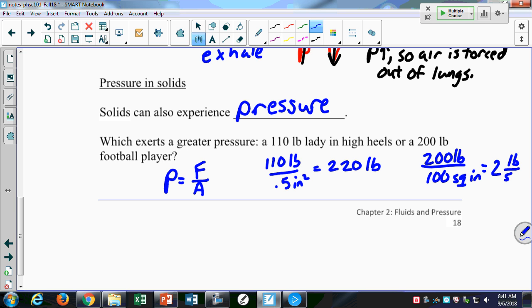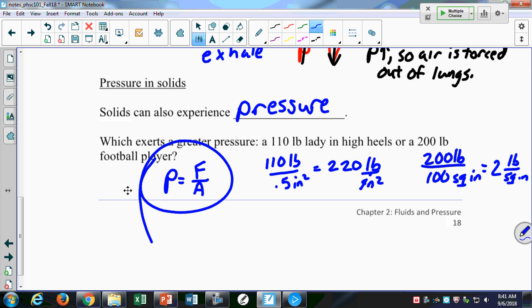It's a big difference between the pressures. Pressure is force over area. So if I make my area really small, say with 300 pounds, it hurts a little bit, because the area is so much smaller, I increase my pressure.